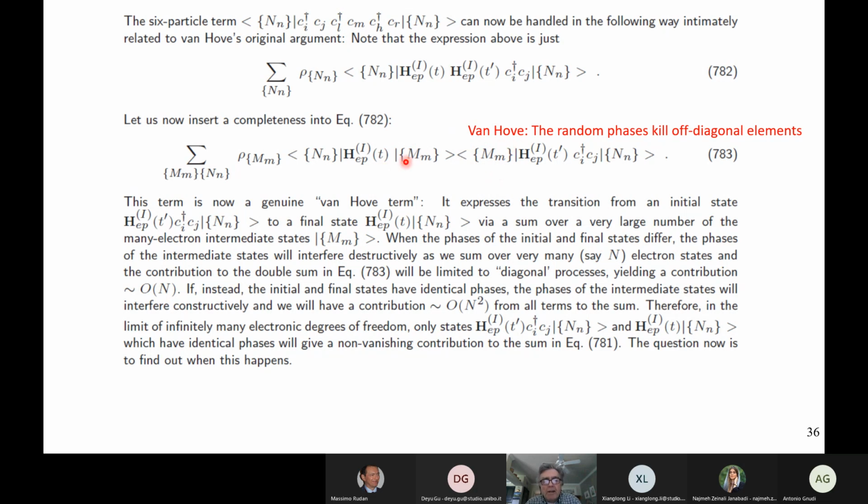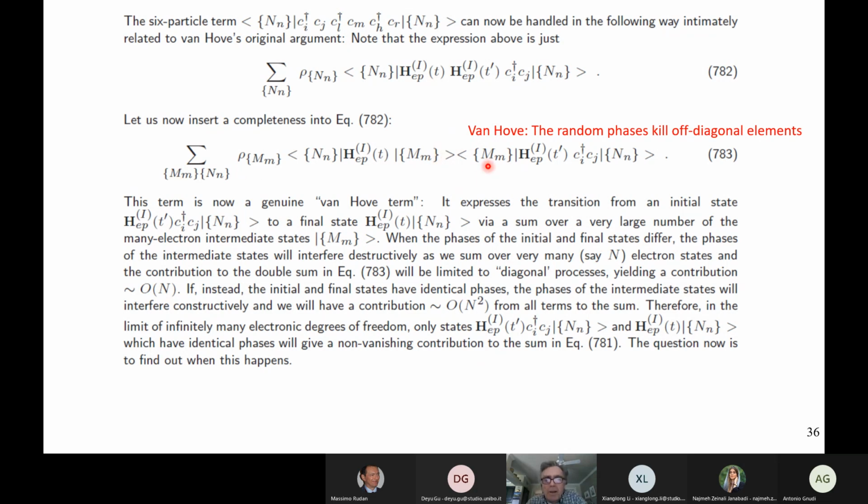Let's call it Hilbert. Then I remind you that this is equal to 1, the identity matrix. I hope you remember that this is a funny way to express 1, the identity matrix. So I split the 2, I insert an identity matrix here, and then I express the identity matrix as a sum over these intermediate states.